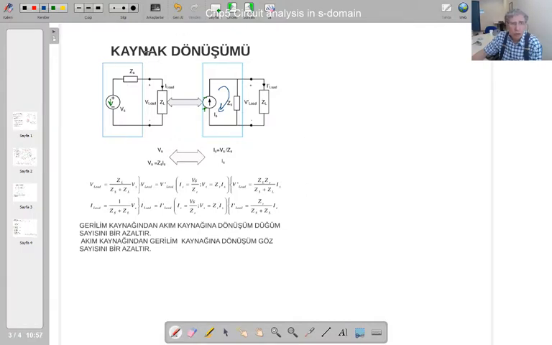So this is in Turkish, but I will write it in English right here. Source transformation.